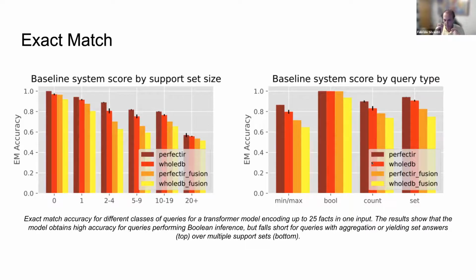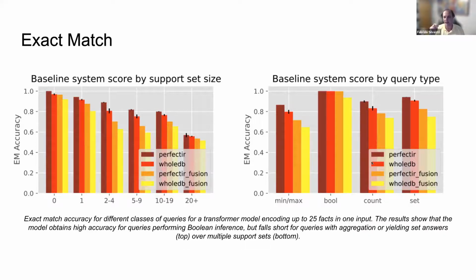And as you can see, if we feed the whole database, the accuracy in the case of, let's say, all right, so let's focus on the right-hand side plot for a second. Here we are showing the EM accuracy for different types of queries. As you can see, in the case of Boolean queries, so true and false, the accuracy is 1. So we can always retrieve or generate the correct answer.